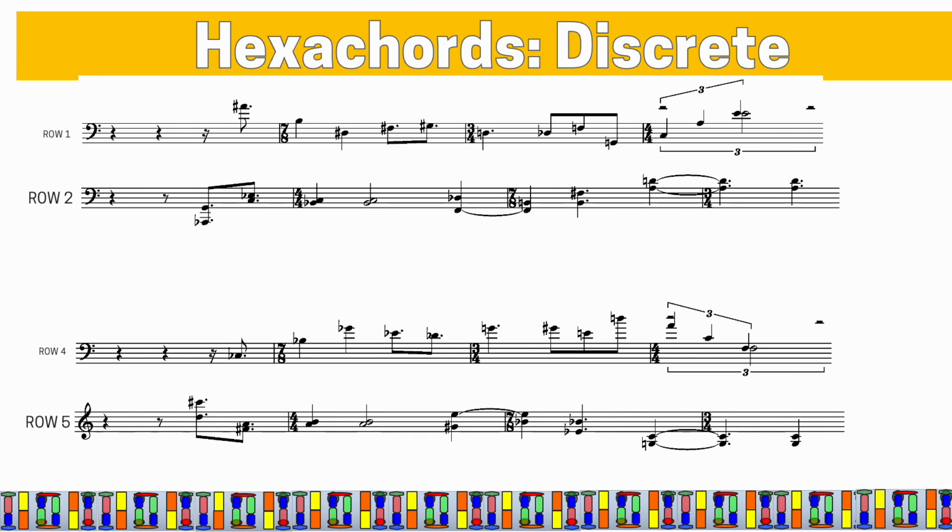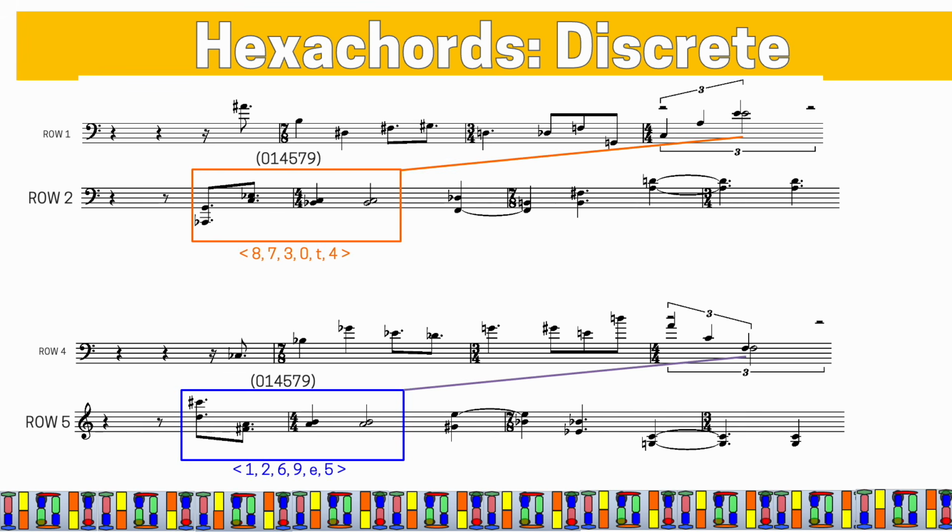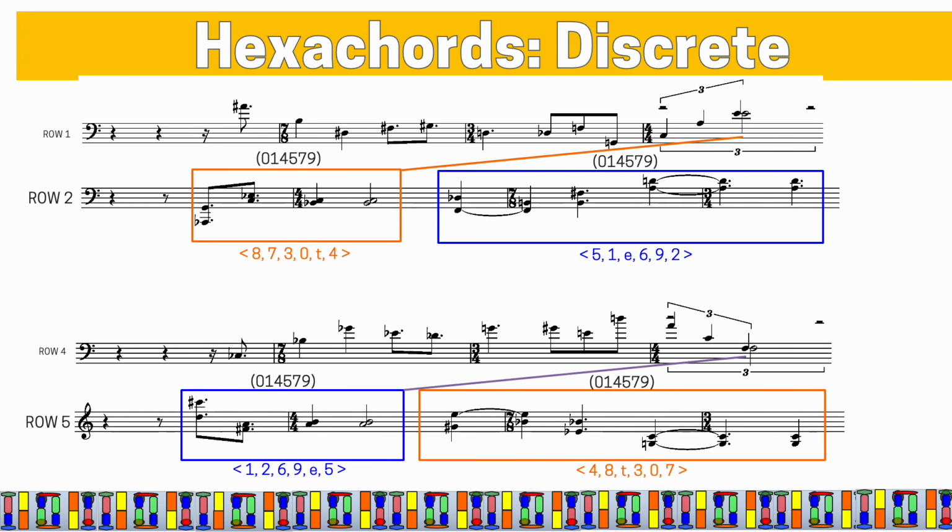In rows 2 and 5, Dallapiccola uses 4 discrete hexachords, each belonging to the same set class. In both rows, the opening hexachord is completed by borrowing the final pitch class of its preceding row. Row 2 borrows from row 1, and row 5 borrows from row 4, forming another layer of patterning.